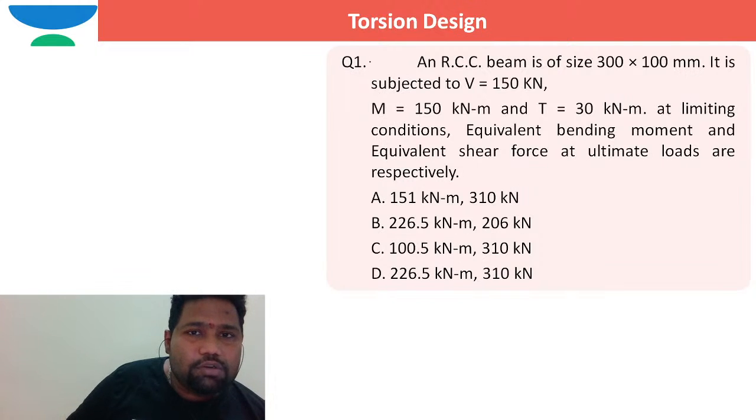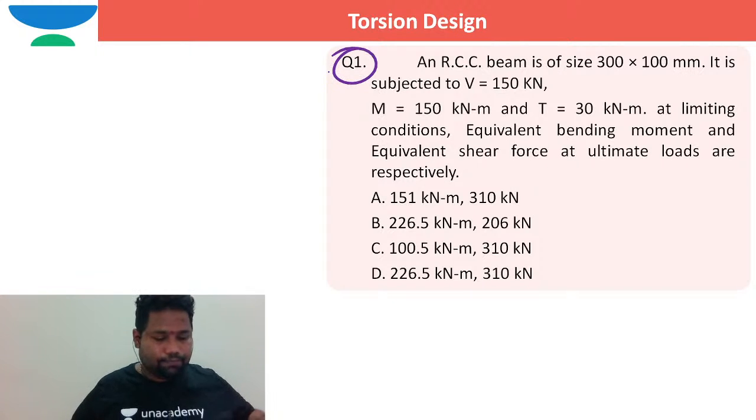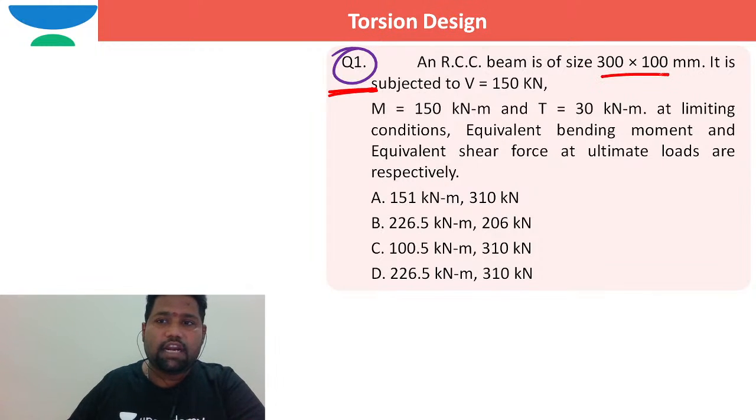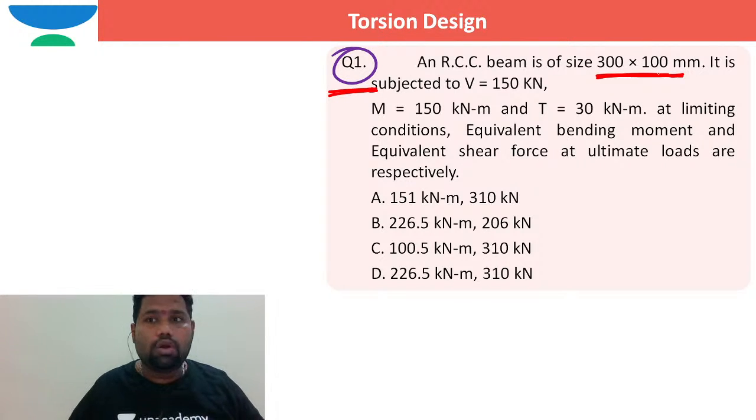I hope you are able to see this first question. Shivam Tiwari, brother Shivam Tiwari, are you able to see this first question? An RCC beam is of size 300 millimeter by 1000 millimeter.